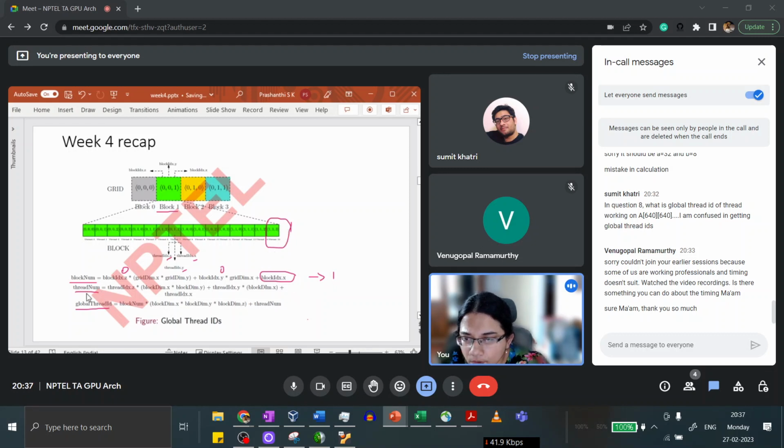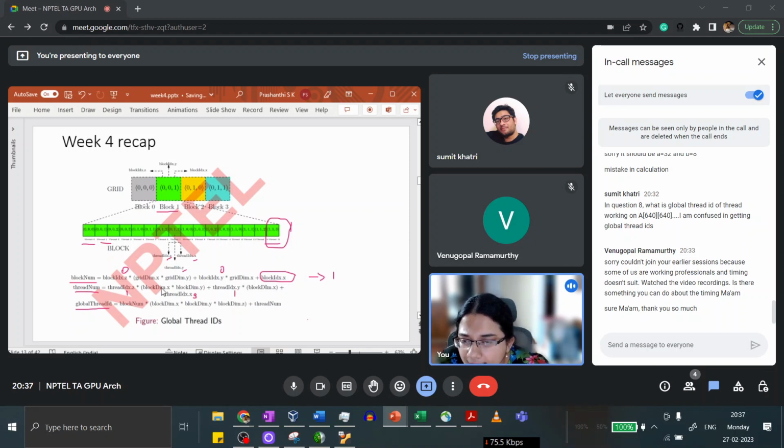Now coming to the thread number, which refers to this particular thread's number within the block. And since the threads are actually numbered here, you can see that this is 15. But let's try to work this out, right? So thread idx dot z, which is 1, thread idx dot y is also 1, and thread idx dot x is 3.